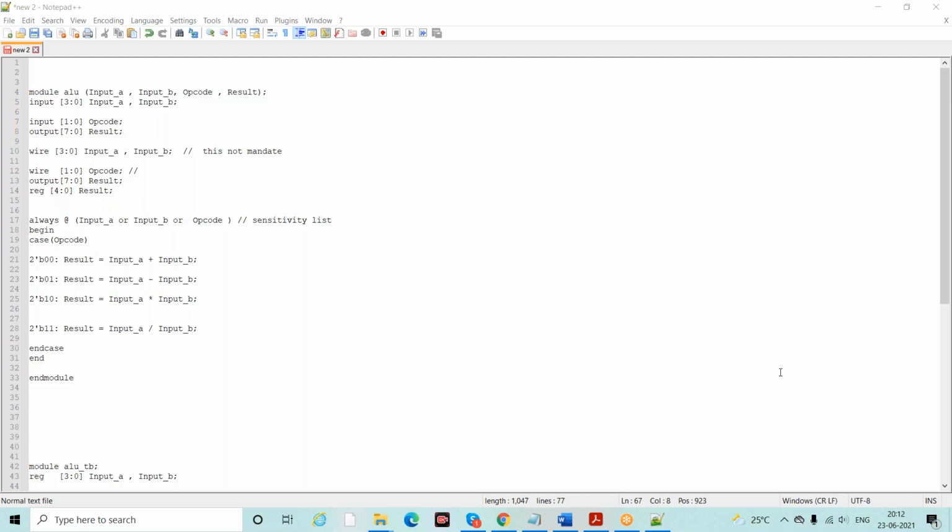Dollar finish is a SystemVerilog statement. What is the effect on memory? Nothing happens. We are not thinking about memory here; this depends exactly on the requirement of the project specification.